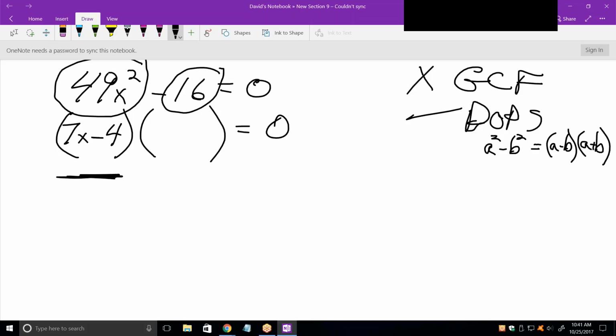Now you don't need to do any work for the next one. It's automatically the same thing with a different sign. In other words, it's called the conjugate. What's the conjugate? It's the direct opposite. Read it to me. Tell me what the conjugate is. The conjugate is 7x plus 4.